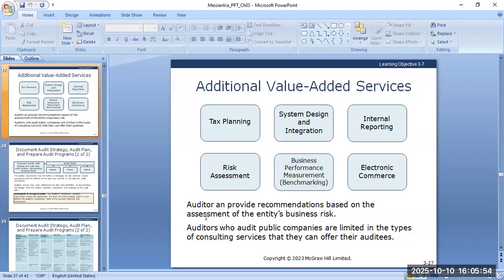The auditor provides recommendations based on the assessment of the entity's business risk, and auditors who audit public companies are limited in the type of consulting services. Again, the main reason is we don't want to audit our own work.